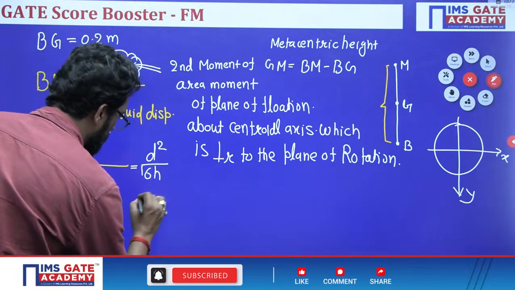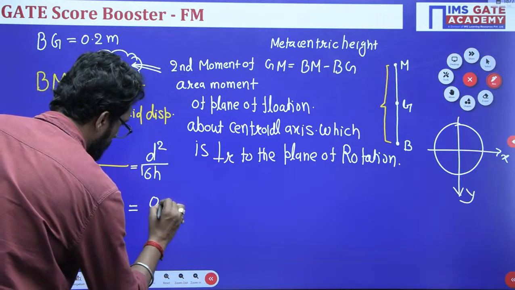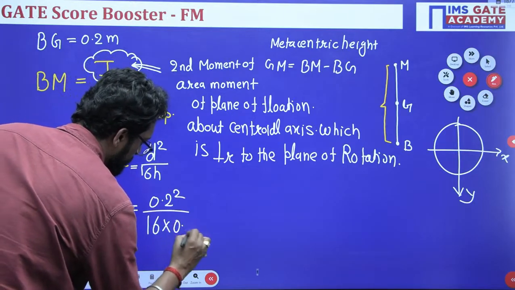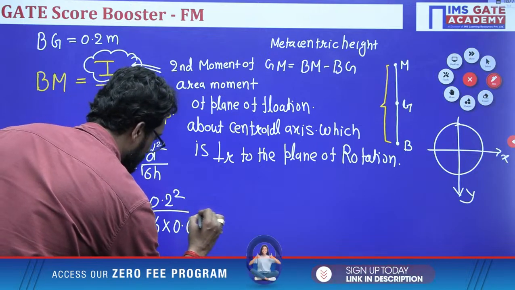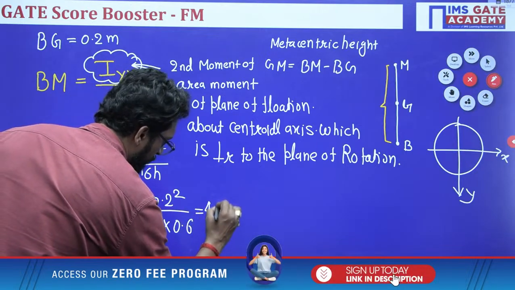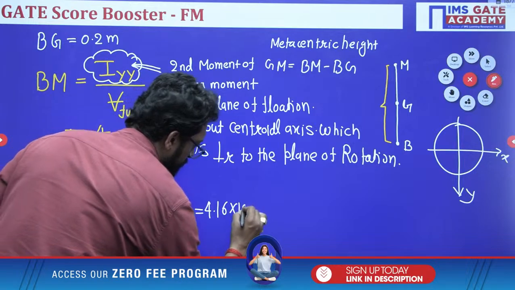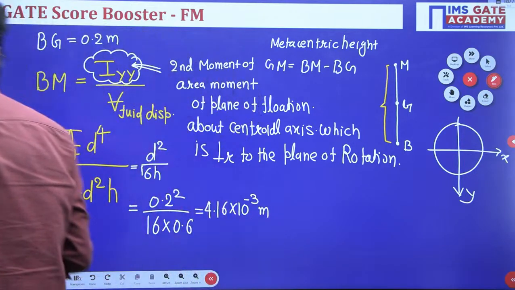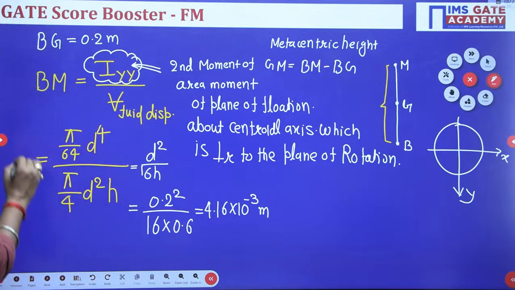If you put the values back, 0.2 square by 16 and h is 0.6, this is 4.16 cross 10 to the power minus 3 meter. This is your BM.